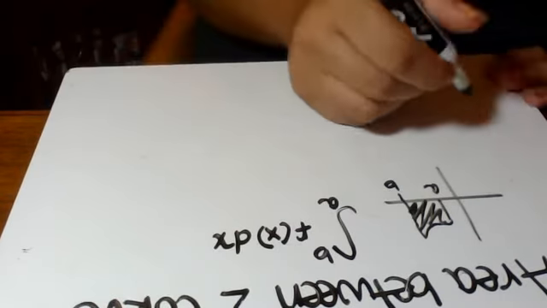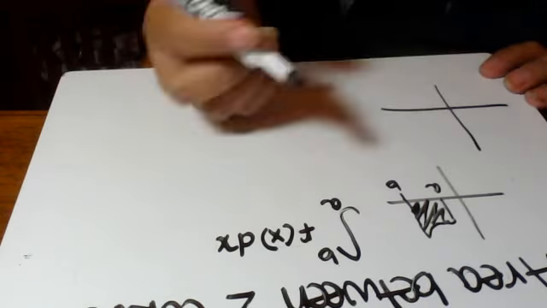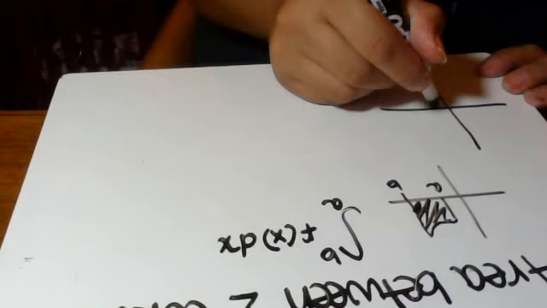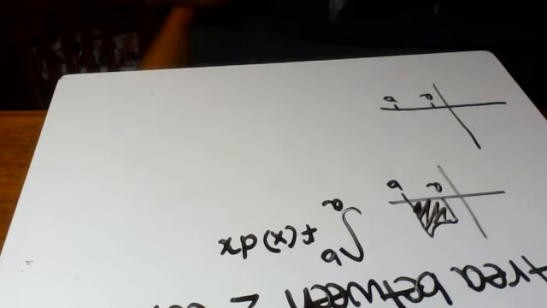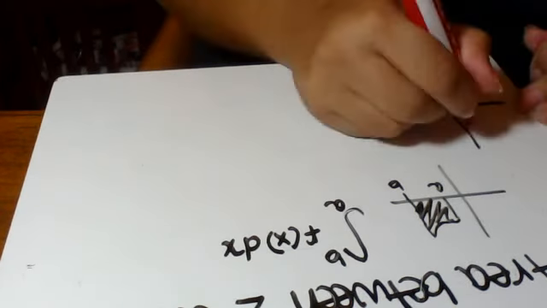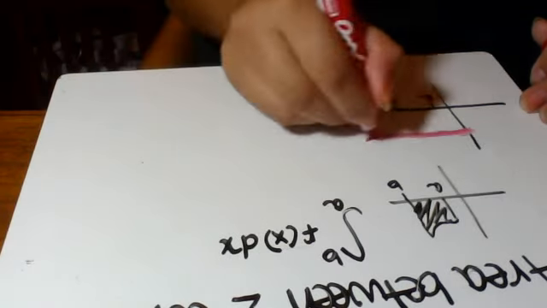Ones that are very familiar and sure to pop up in your homework: this is going to be point A, and this is going to be point B. But the difference in this one is the area of the curve is different. You have something like this, probably a straight line, to tell you the truth.